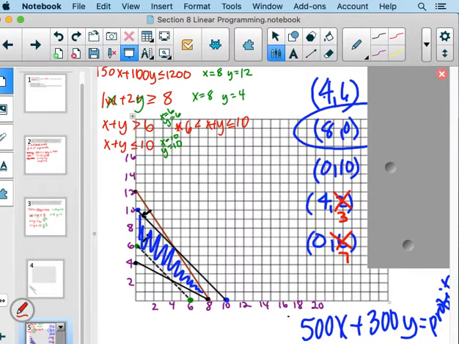So added together. This is X, Y. So I have a profit equation on the paper: 500x plus 300y equals profit.